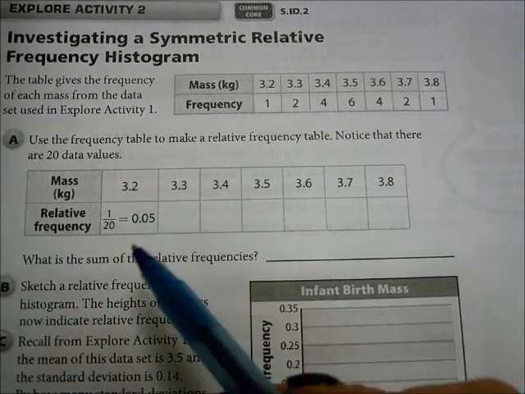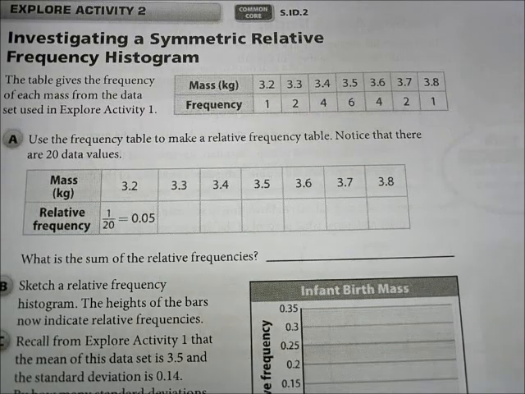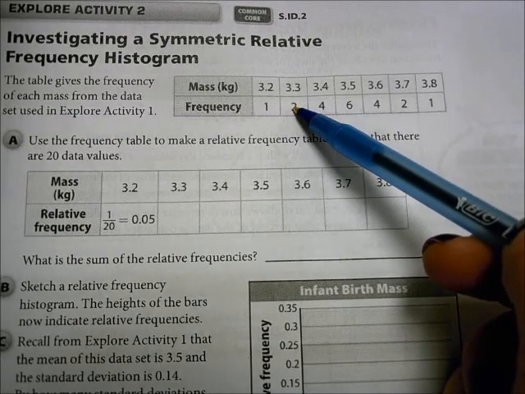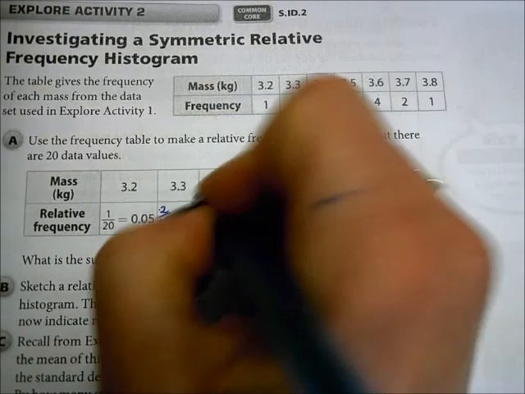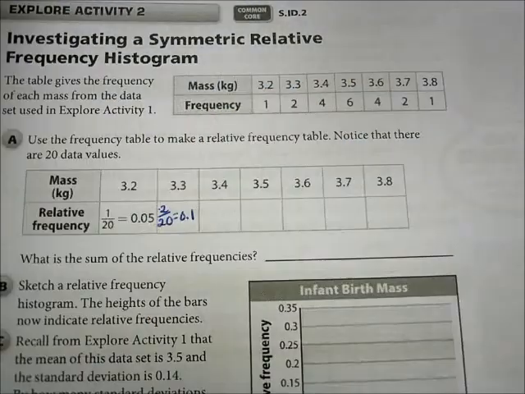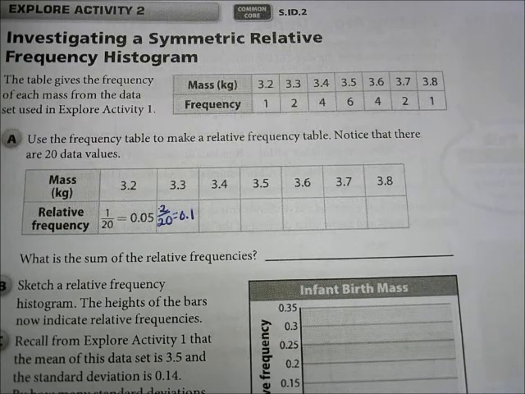And 1/20th as a decimal is 0.05. So let's try to do 3.3. There were two infants at that mass. That's 2 still out of 20, of course. And that's 0.1.